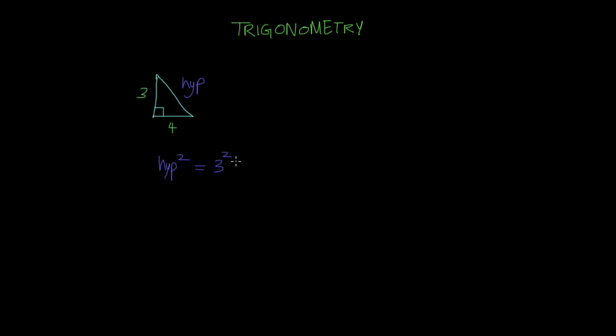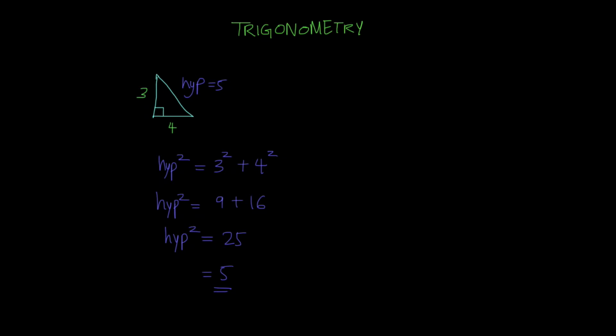So 3 squared plus 4 squared. So my hypotenuse squared equals 9 plus 16. My hypotenuse squared equals 25. So my hypotenuse is the square root of 25, which equals 5. So I know that this side equals 5.